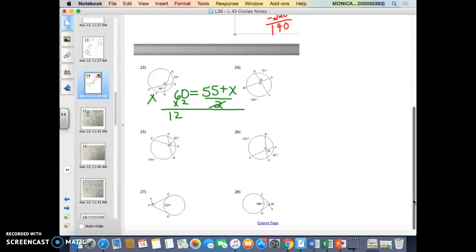And you get 120 equals 55 plus x. To figure out what x is, you subtract 55 from both sides. That cancels out, and you get x equals 120 minus 55 is 65 degrees. So this arc right here is 65 degrees.